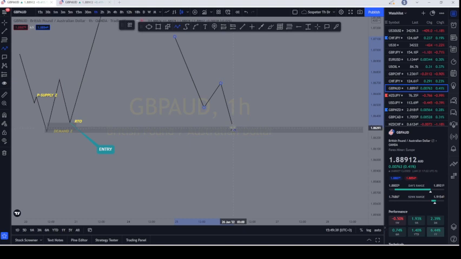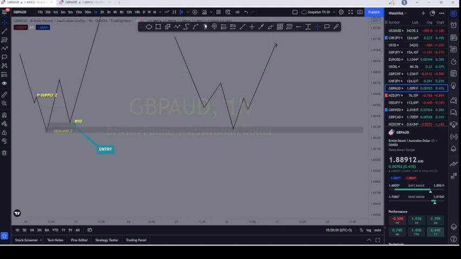That lower low can form, not a must, a demand zone here, and then break the previous supply and then go buy. So this is a buy setup, an S&D model.